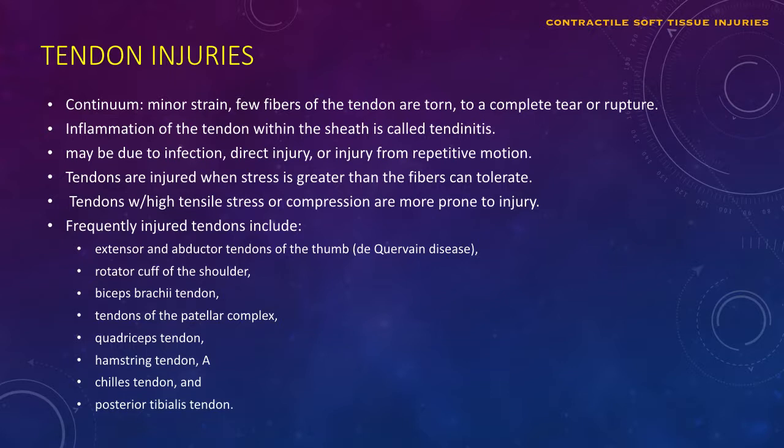When you have a tendinitis that's due to infection, that is far more concerning because of the potential for long-term and chronic disability. One of the classic ones that we see in the emergency setting is tenosynovitis, where you have essentially inflammation or infection underneath one of the finger joints.